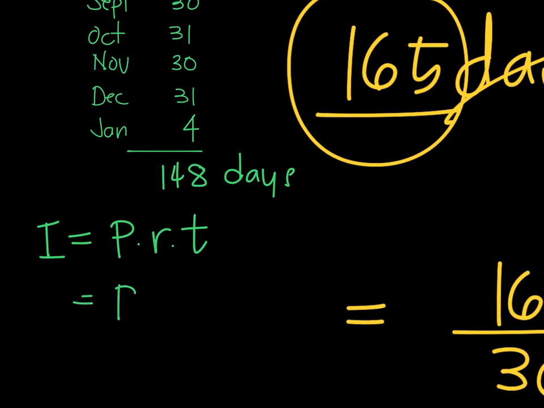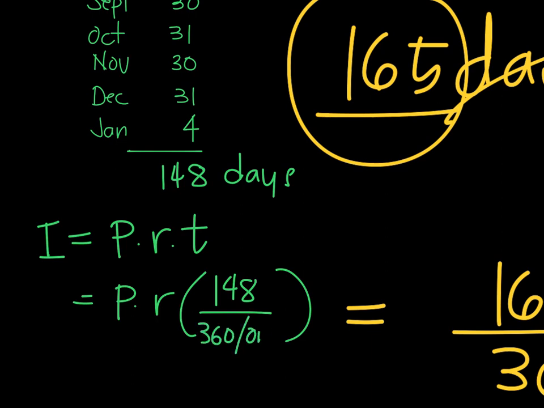For any given principal and rate, the days is 148, and depending on the type of interest, if it's ordinary or exact, you place either 360 or 365. As you can see, we are now combining the concept of exact interest and ordinary interest with the exact time and the approximate time.